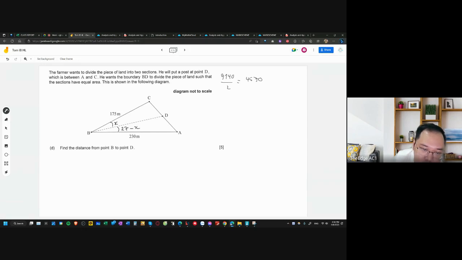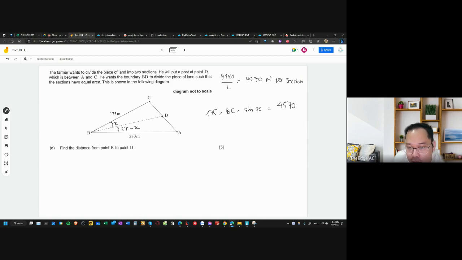This is X degrees. Then use the formula AB times sine C to calculate the area, and let those areas be the same. 175, the top side, multiplied by the other side BC and by the sine of that angle X, is equal to 4570.